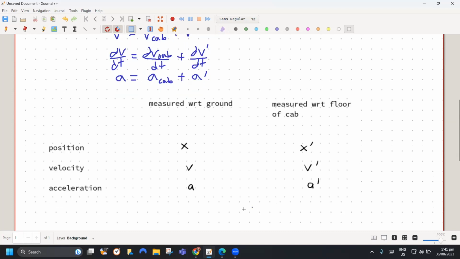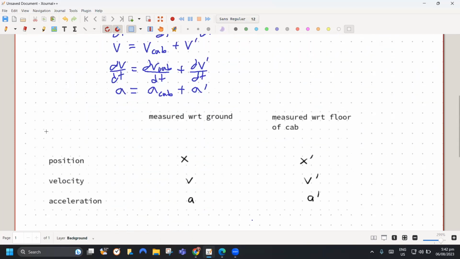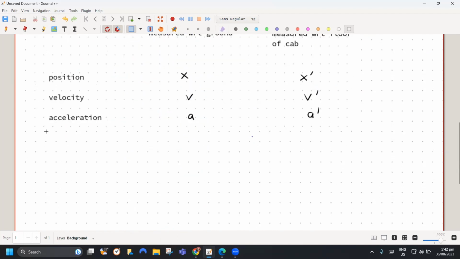Acceleration with respect to the floor of the cab. And with respect to the floor of the cab, that's negative 8 meters per second squared. So ano yun? A or A prime? A prime. So ilagay mo dun sa tamang place yung negative 8 meters per second squared, right on the table, kasi given yan.